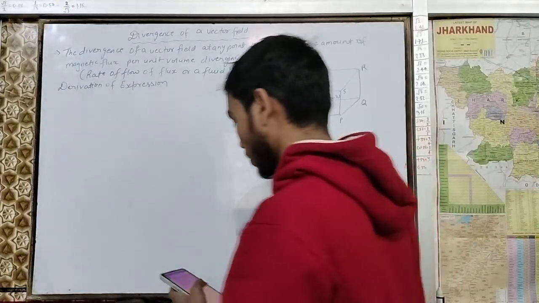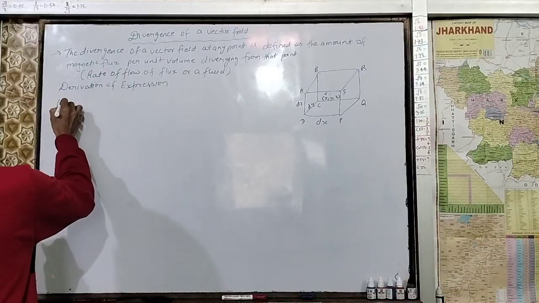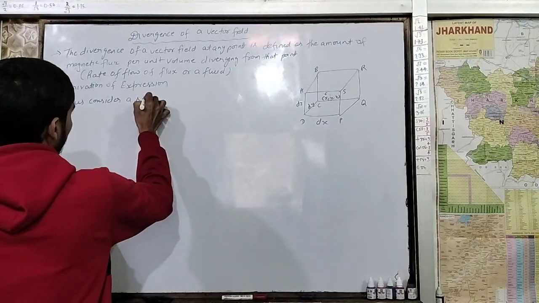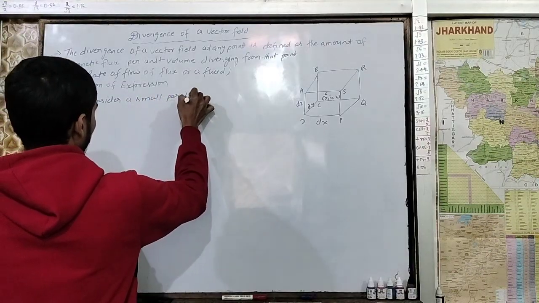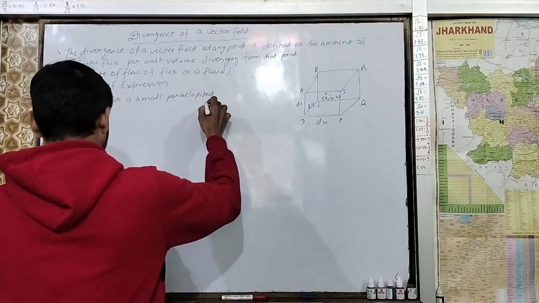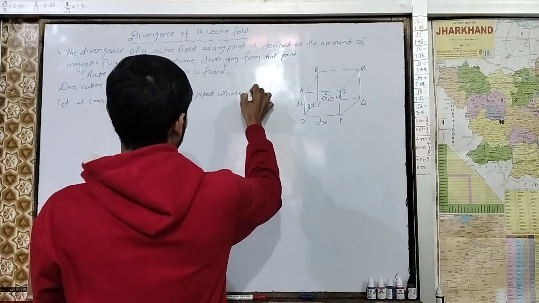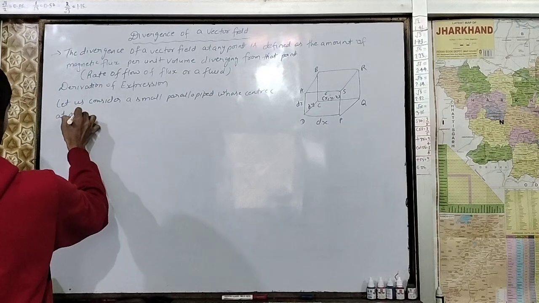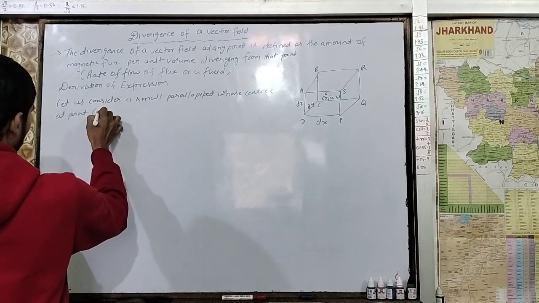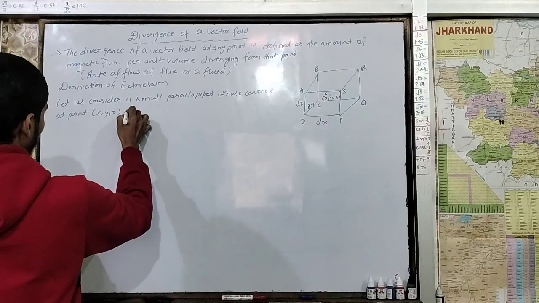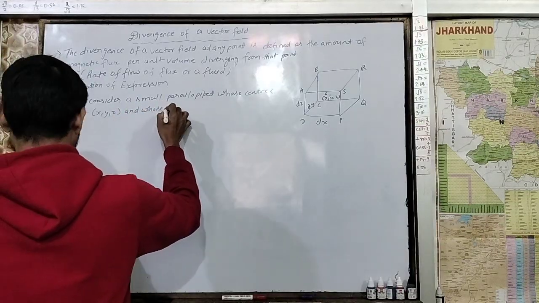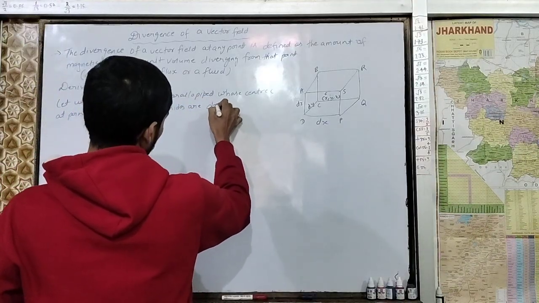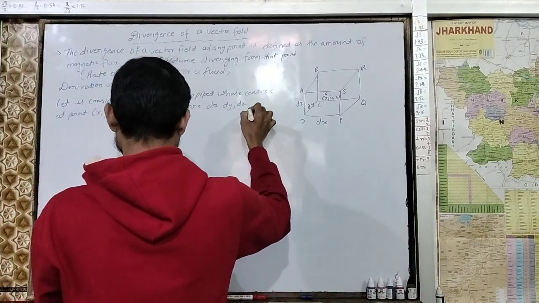Let us consider a small parallelepiped whose center C is at point x comma y comma z, and whose sides are dx, dy, dz.